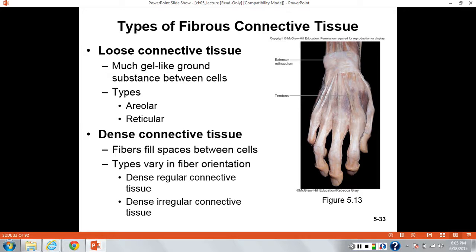The median nerve is the nerve that goes through there, and normally it's the one that gets trapped and causes carpal tunnel syndrome. Alright?